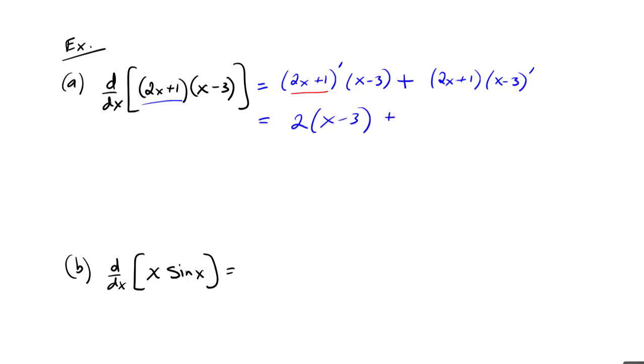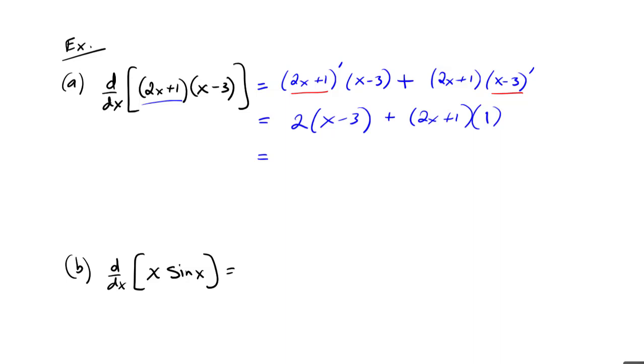Plus, then I'm going to have 2x plus 1 as it is, and then the derivative of x minus 3, derivative of x is 1, and the derivative of minus 3 is 0, so I just get 1. Okay. So, now some of these steps you'll be able to do in your head in the future. I'm just showing it all out so that we understand how the formula is working here.